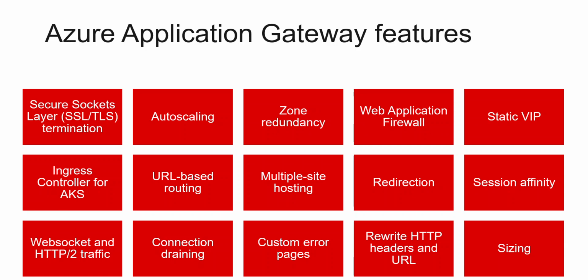And if you see ingress controller for AKS, that is one of the features used in Azure Kubernetes Services cluster, and it is also used for load balancing in the cluster where Kubernetes is set up. So let's go further.